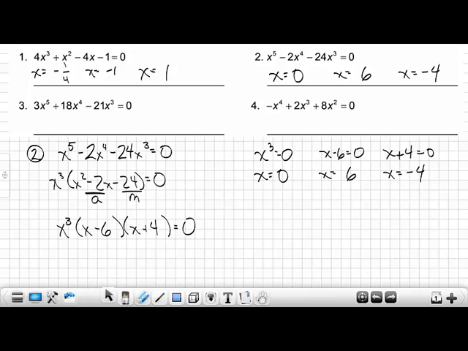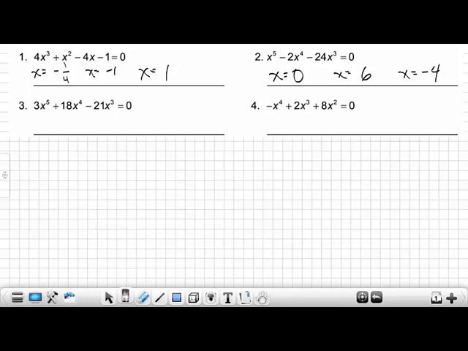Okay, Beatrice. Number 3, what can I factor out of everything? 3x cubed. Okay. Factored out 3x cubed out of everything at number 3.